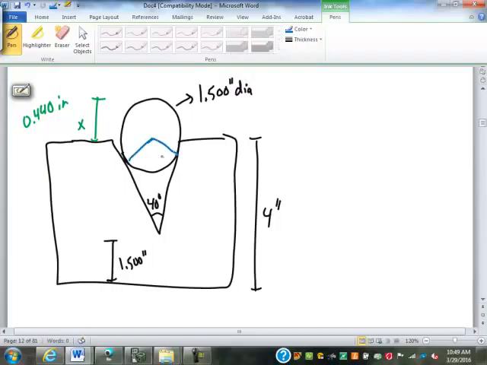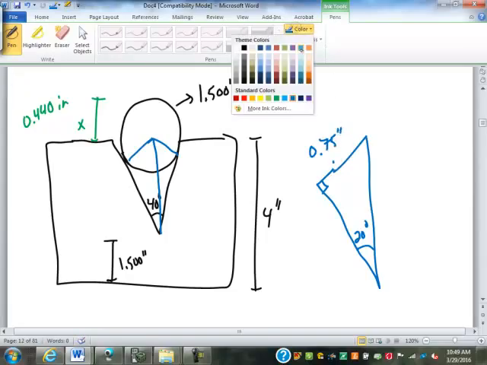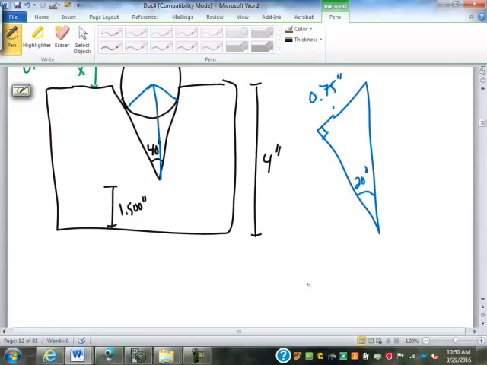So we're going to do this and cut this in half. So what we have is this triangle, right angle here. This is 20 degrees, and this is 0.75 inches. So we are going to be dealing with the sine of 20 degrees equals 0.75 over, I'll call that y for now.